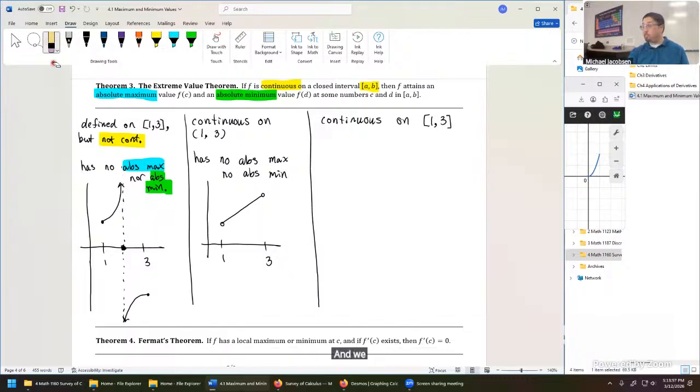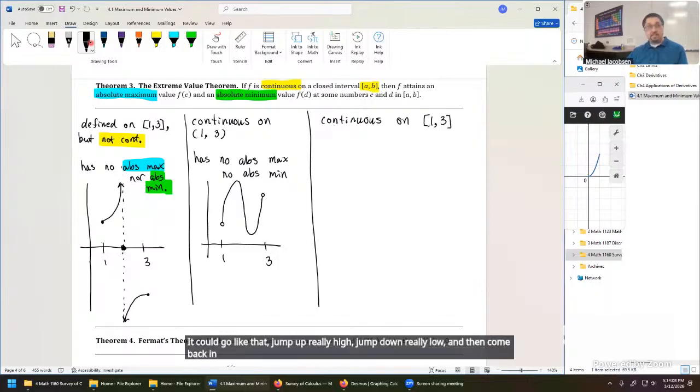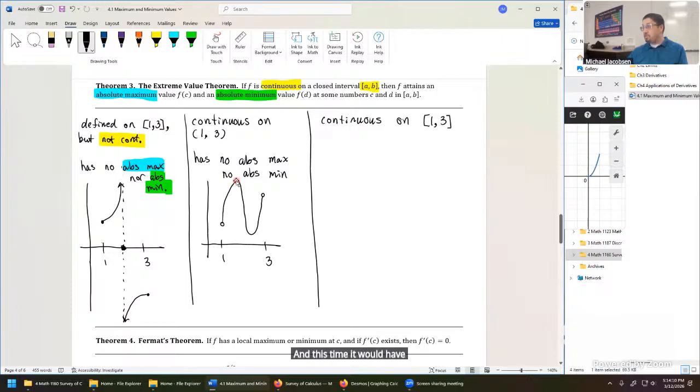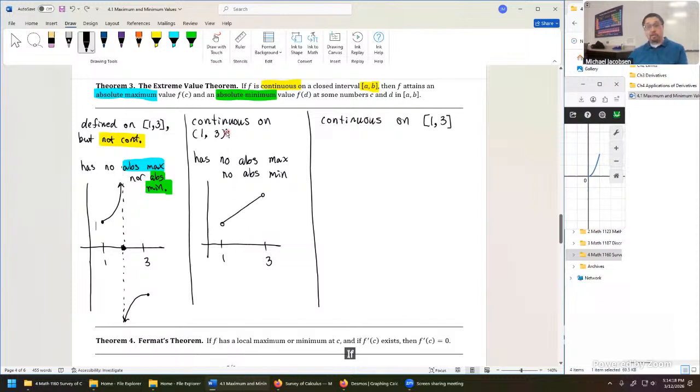And we could change the problem. We could make it look like this, for example. It could go like that, jump up really high, jump down really low, and then come back in. And this time it would have an absolute maximum. It's right here. You'd have an absolute minimum way, way down here. But what we're saying is, if we take out the closed interval and make it open, there's no guarantee for an absolute maximum, absolute minimum any longer.